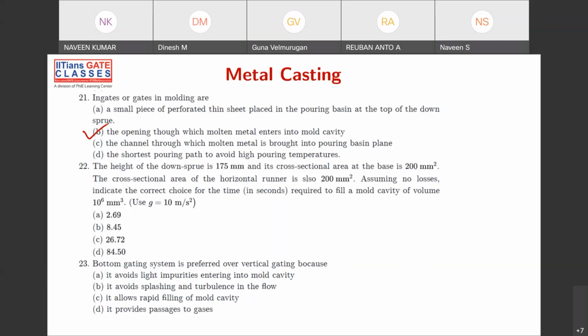Okay, the system is stuck, but anyways, please do this. What is the answer for the next one?